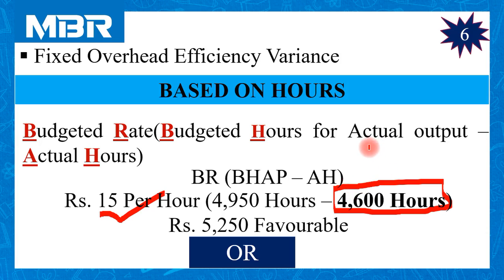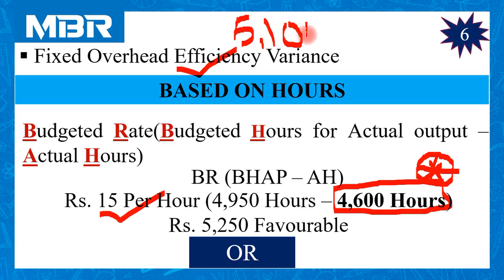Now you need to remember one thing very clearly, and it is most important. When information of IT is given, we need to consider actual productive hours for the calculation of efficiency variance. So you can recall the classification that I have discussed. 5,100 total hours.